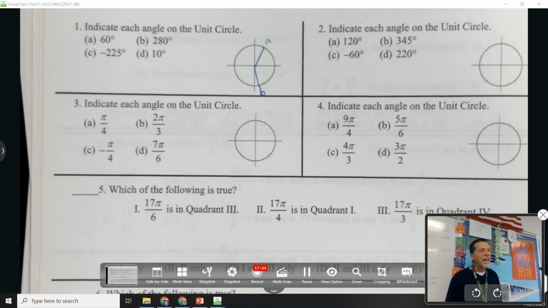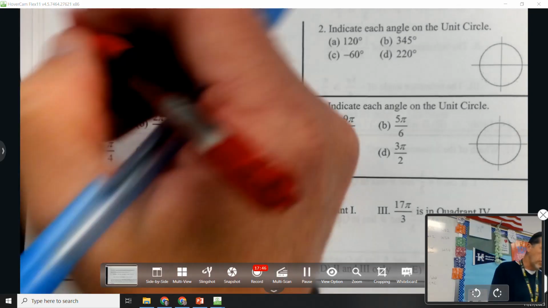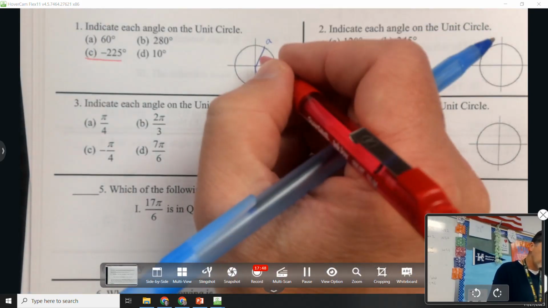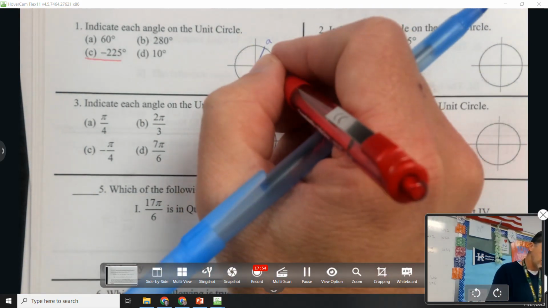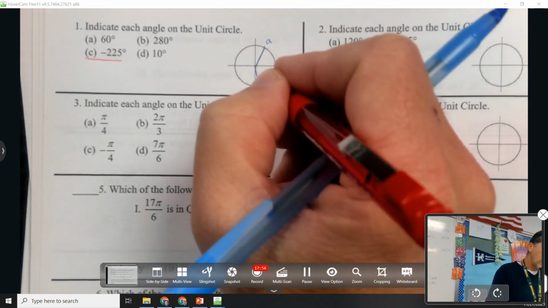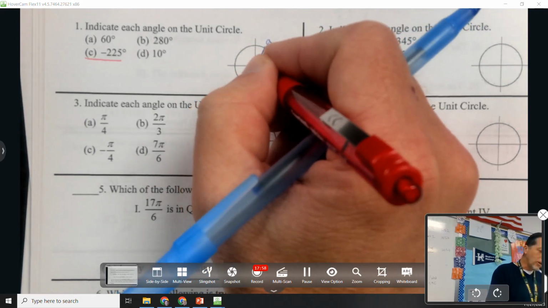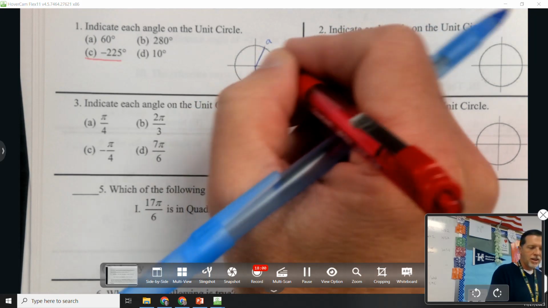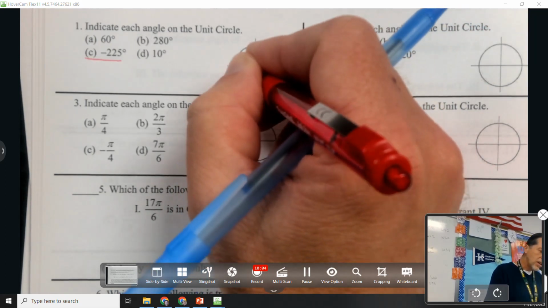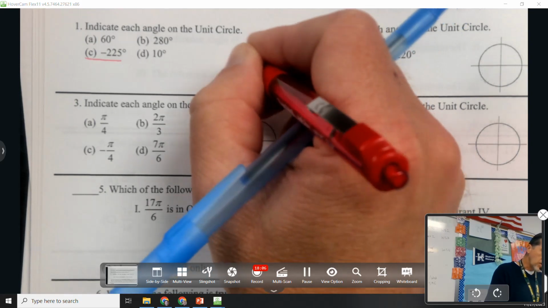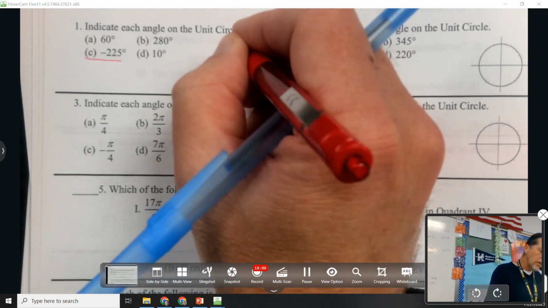C is negative 225, so be careful, we're going backwards with that one. So what quadrant will I land in if I rotate backwards 225? Okay, if I rotate forward 225, I land in quadrant 3. But I need to rotate backward that same amount, so I would land in the middle of quadrant 2.